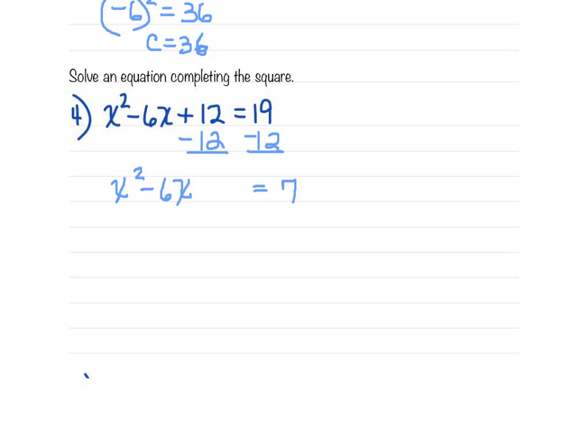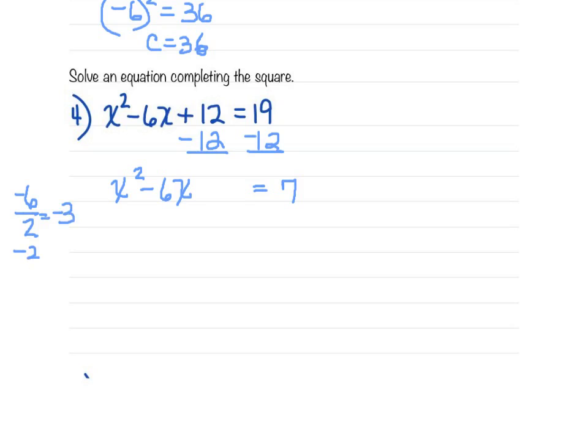Now we need to force a perfect square trinomial, or we need to complete the square. Go back to those steps and figure out what number needs to be c in this case. You take b, negative 6, divided in half, it would be negative 3.